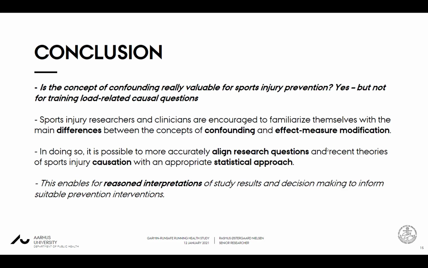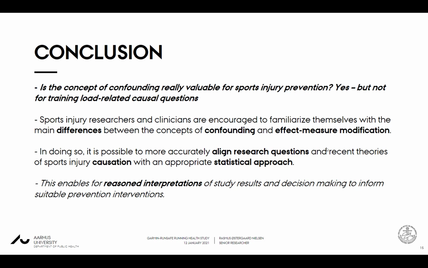So basically, what this presentation is about is a little technical, but to highlight that the concept of confounding is not really valuable if we want to provide different advices to different persons. So in order to make subgroup specific recommendations, we need other analytical approaches, and in our case we use the concept effect measure modification.